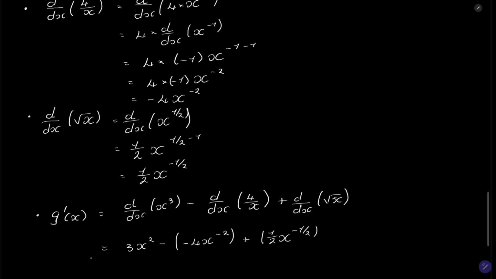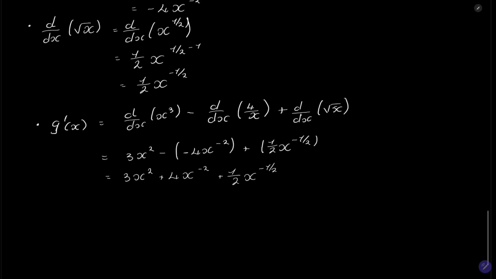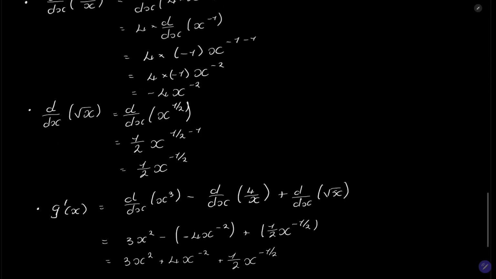This gives us 3x squared plus 4x to the minus 2 plus half x to the minus half. This then tells us that the derivative with respect to x of our function g of x, which is equal to the derivative with respect to x of, what was g of x?